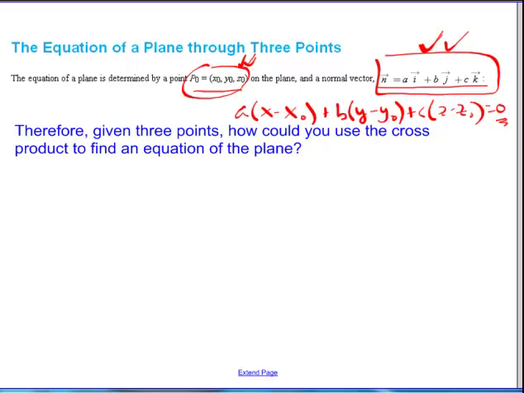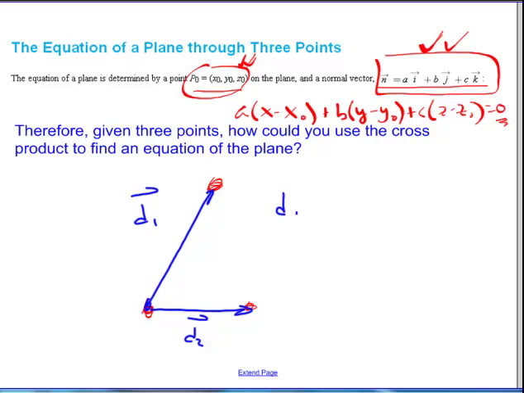So the idea being, imagine we've got 3 points. What you can do is get an equation for this displacement vector. We could call this displacement 1, and this displacement vector, displacement 2.